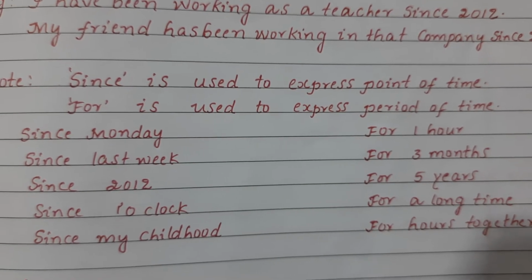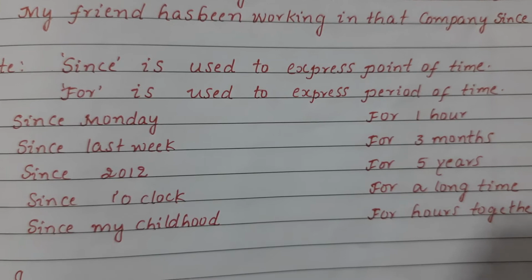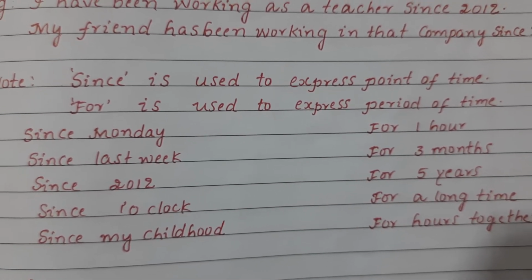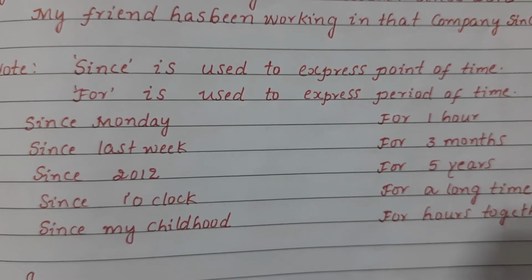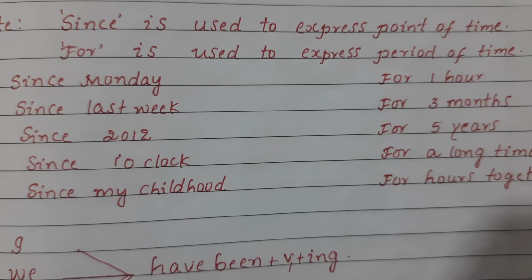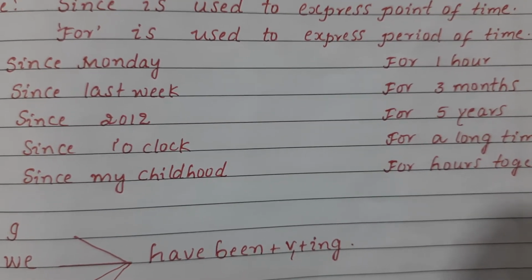Since last week, since last month, since last year, since 2012, since 2015, since 1995, since 1984, since 1 o'clock, since 2 o'clock, since 10 o'clock, since 6 o'clock, etc. Since my childhood.